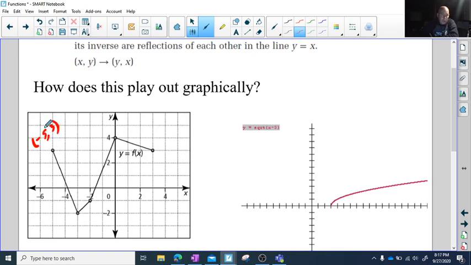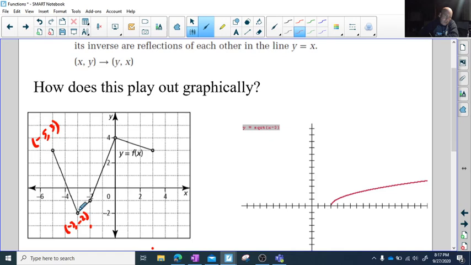Well, on the inverse, it should become 3, -5, over 3, down to -5. Unfortunately, that's going to be down here somewhere. This point, which is at -3, -2, should now be found at -2, -3. So that point will be there.